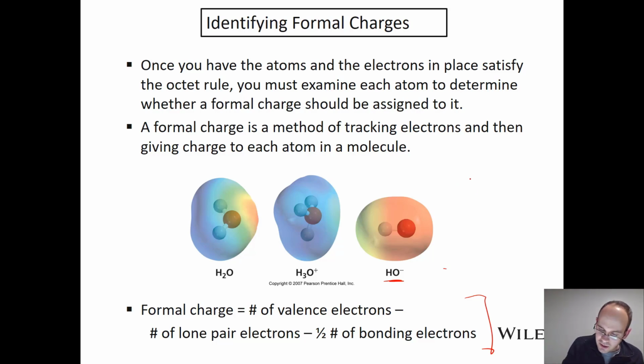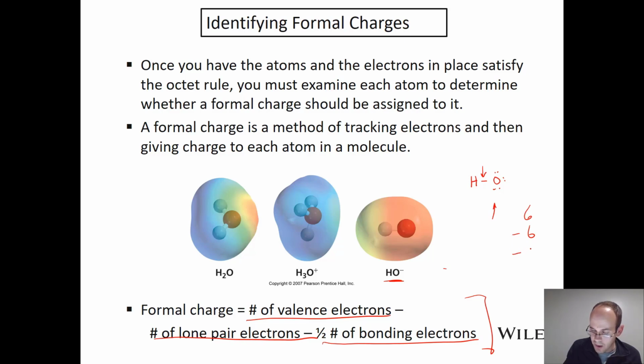If you have something like hydroxide, HO minus, hydroxide looks like that. We're going to find out that for the oxygen, it has a negative formal charge. One way you could do that is saying oxygen, according to the periodic table, should have 6 valence electrons, minus 6 lone pair electrons, minus 1/2 of the 2 bonding electrons, so minus 1.